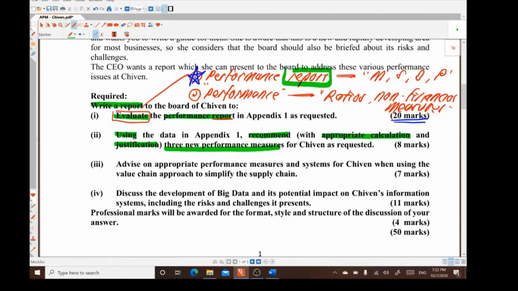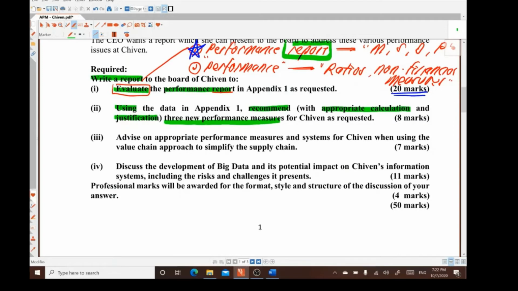Later we'll see what the ratios or measures that will be required are. Now, number 3. They need us to advise on appropriate performance measures as well as the system for Shivan when using the value chain approach to simplify the supply chain. Now class, previously, when we started the introduction of this APM, I did mention this.